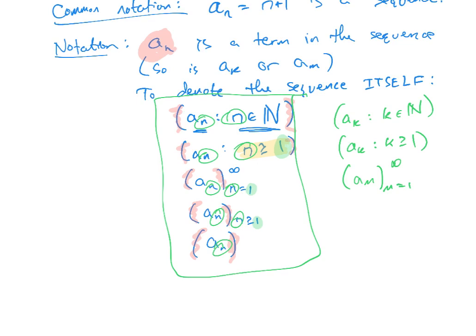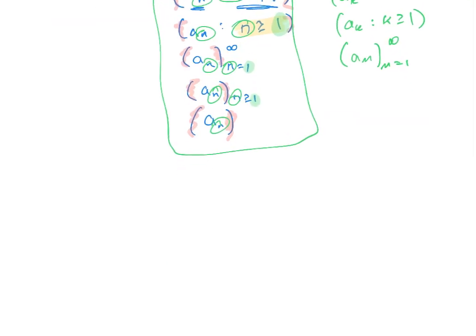These are all the notation for the exact same sequence. What would be different is obviously if we had a completely different sequence. The sequence of x's is different from the sequence of a's.